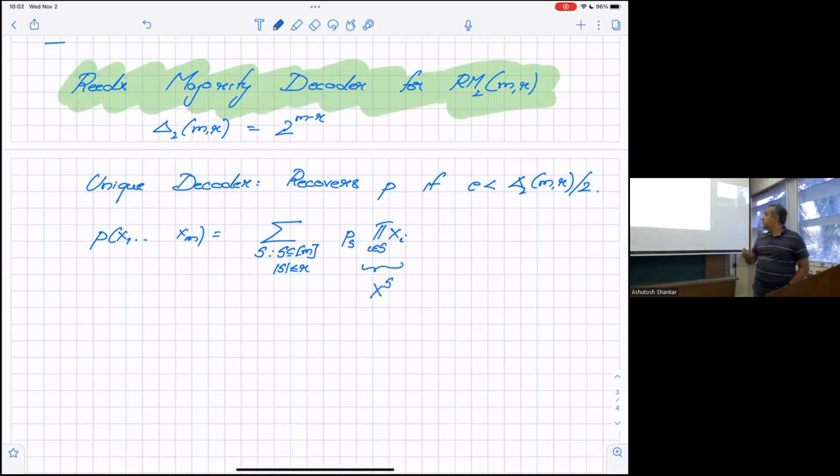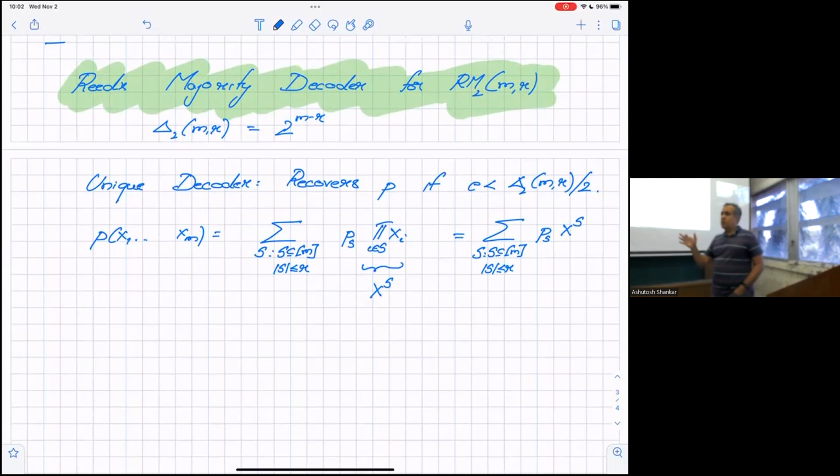We'll call it x_S. So in other words, this is the summation over S a subset of [m], with size of S less than or equal to r. Yes. So given the received word, we are promised that it's not too far away from a polynomial. Because it's less than half the minimum distance, that polynomial is unique, and we want to extract p.